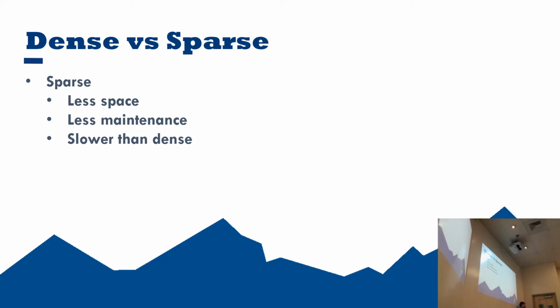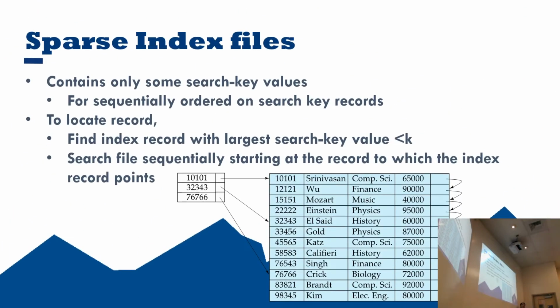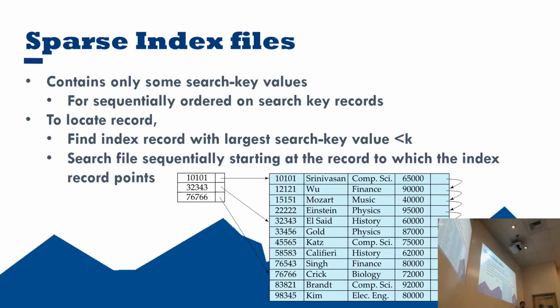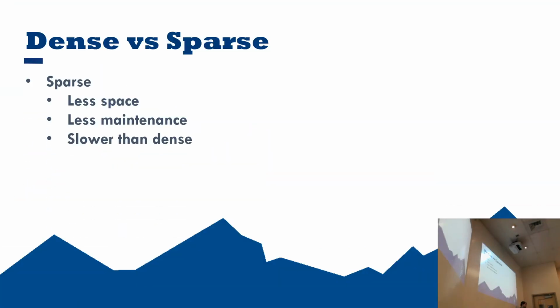There's also less maintenance involved, because if you go back to this, if you have fewer keys, unless one of these updates, then you don't have to update anything, right? So you're only updating the keys. Whereas if you look at this, if any of these update, we have to update a search key. So is that a big advantage? Depends on how often you're updating, right?